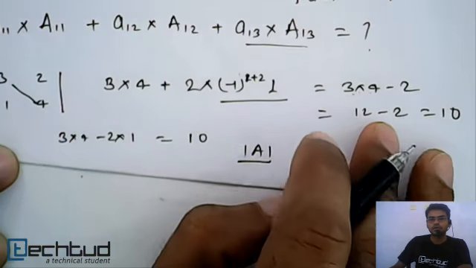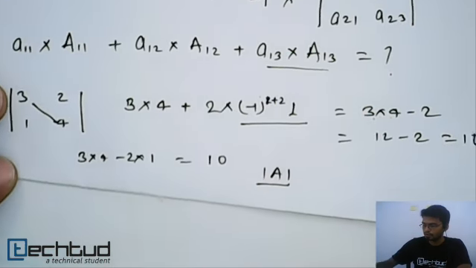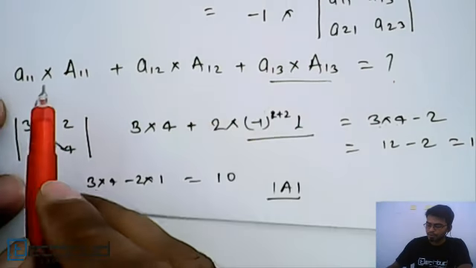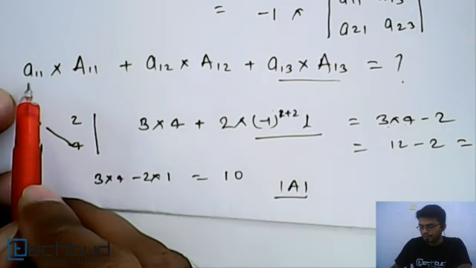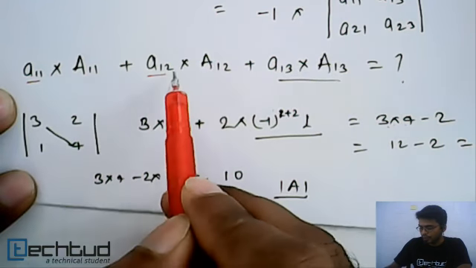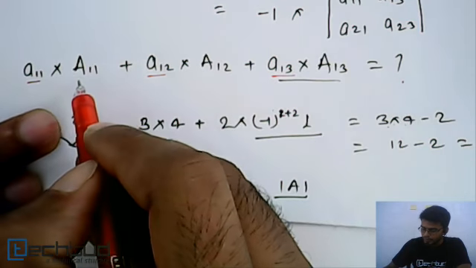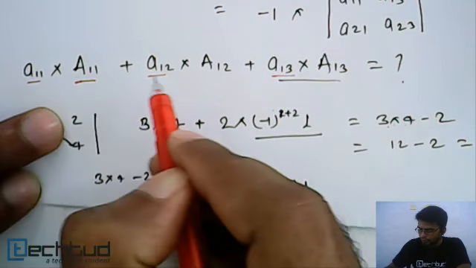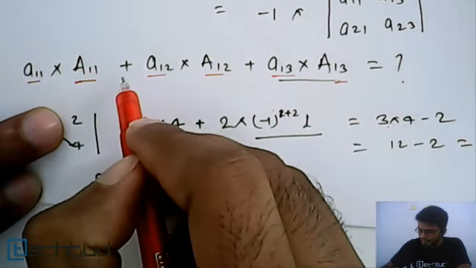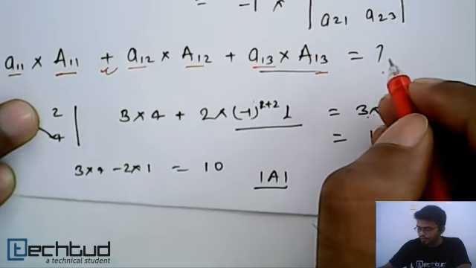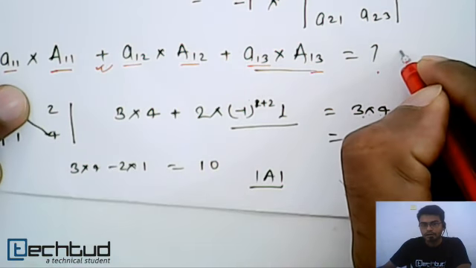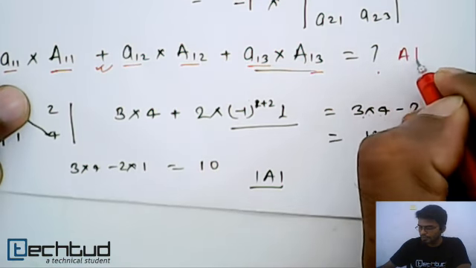So now here comes the conclusion. If we have an expression where we multiply the elements of a row or the elements of a column with the corresponding cofactors and add them, then the value will be the determinant itself.